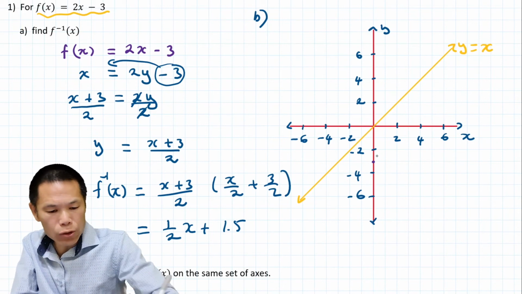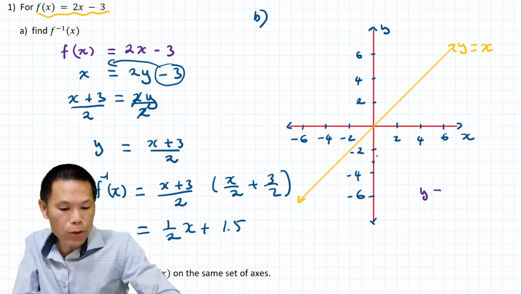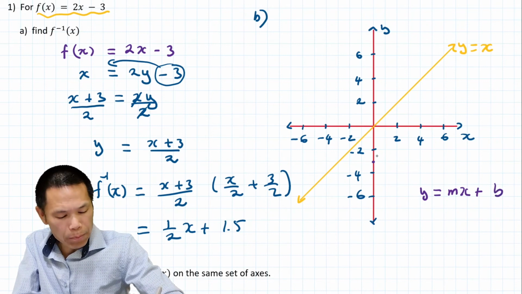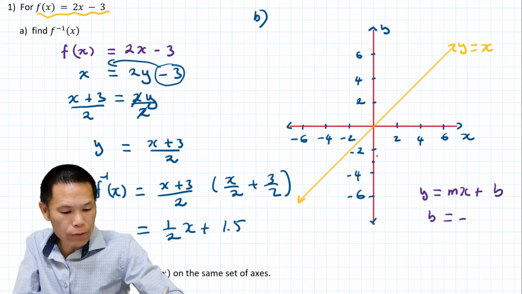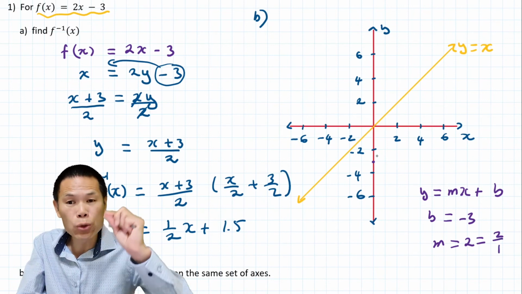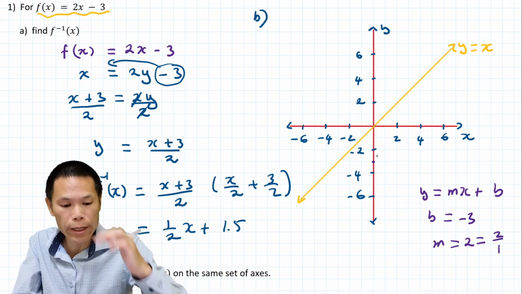Now remember, I can also use this technique: y equals mx plus b, where b is equal to -3, and m, the number in front of x, is 2. So m is equal to 2, which is just like 2 over 1. So it goes up by 2, across 1, from the y-intercept.